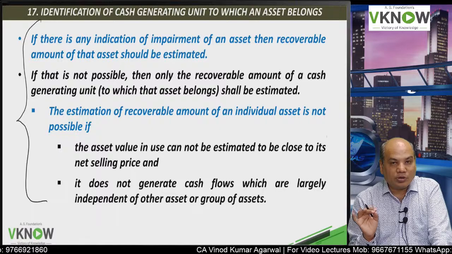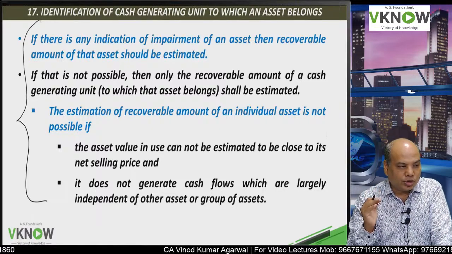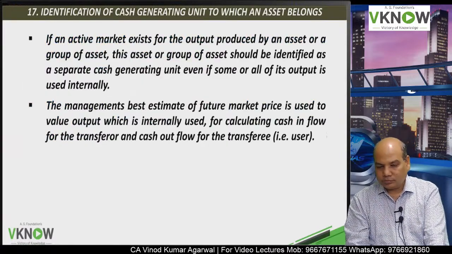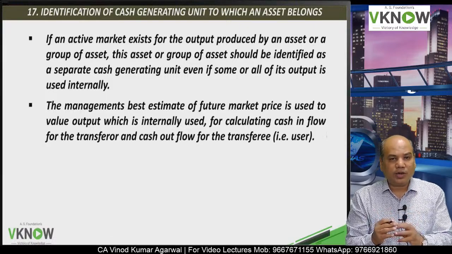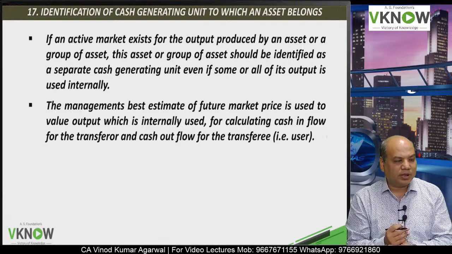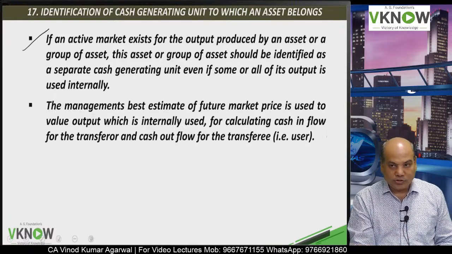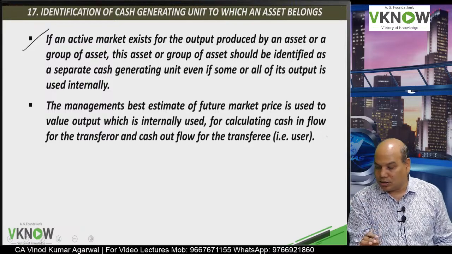If the recoverable amount of the CGU is lower than the carrying amount of the CGU, the CGU is impaired. Now, how to identify the ability to generate independent cash flow? There is some guideline given in your book. Next point, no need to write, it is written in the book.